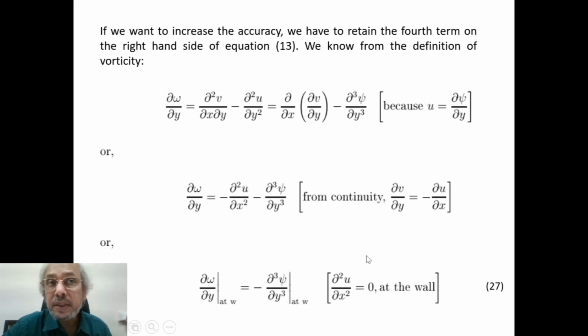Del u del y is present, a strong component, but since all u's are 0, the gradient of u in the x direction is also 0 and the double derivative is also 0. So we can neglect this term. Del omega del y at the wall is minus del 3 psi del y3 at the wall.